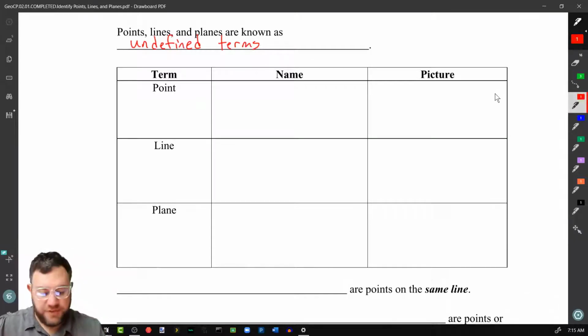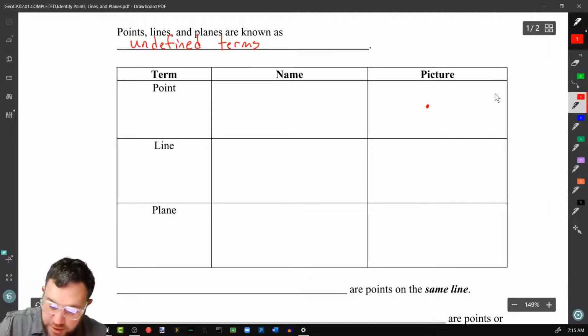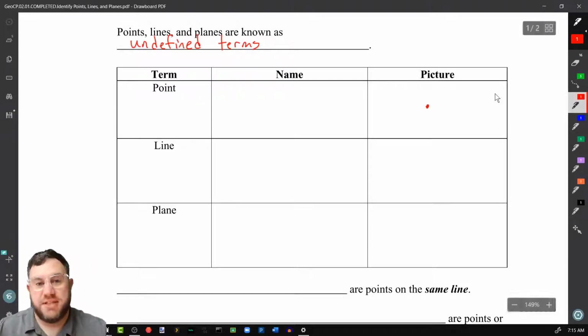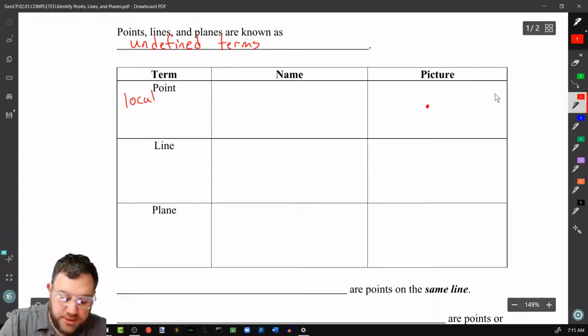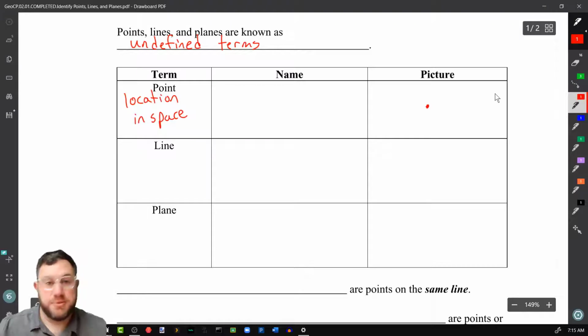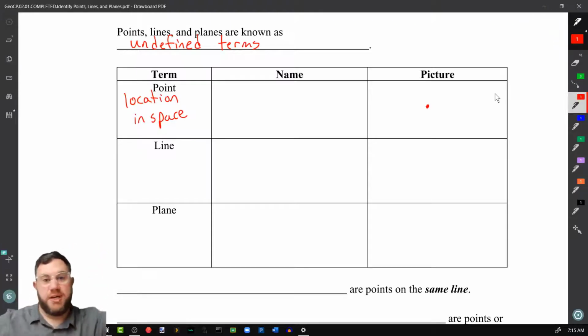All right. The first one is a point. And of course, you know a point. We draw a point as a dot. But a point is basically a location in space. And when we talk about space, we don't mean outer space. We just mean a three-dimensional world, or for the majority of what we do, a two-dimensional flat area.